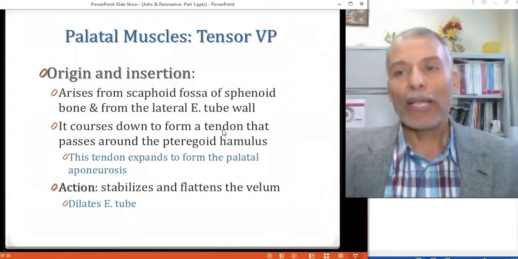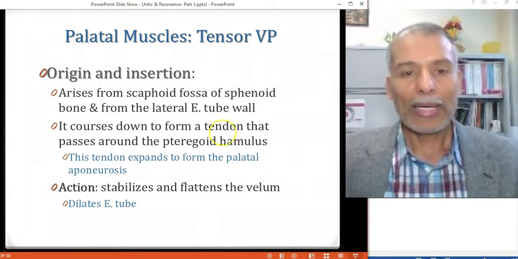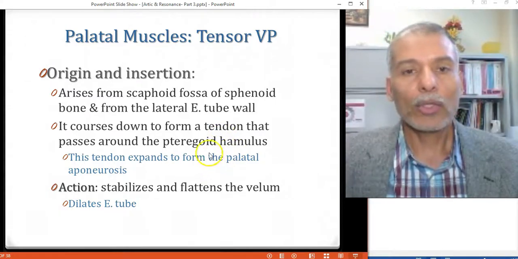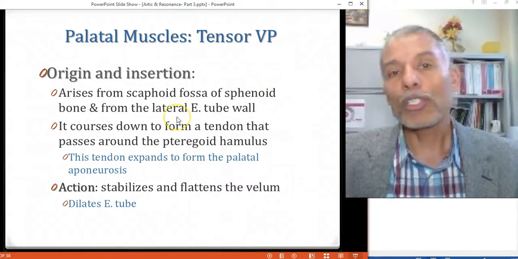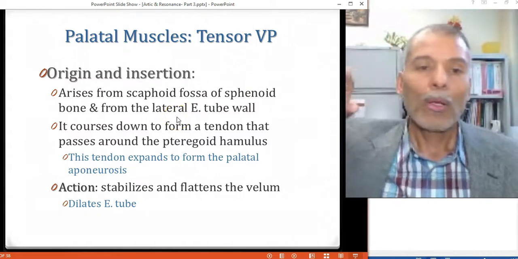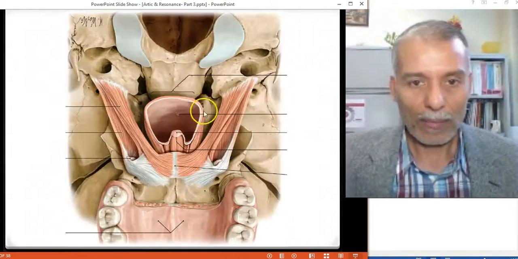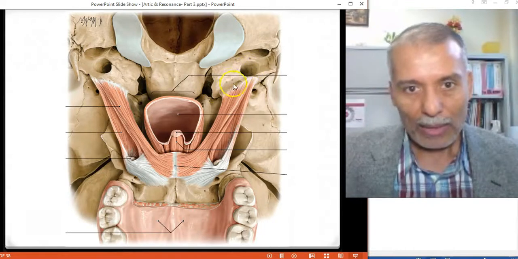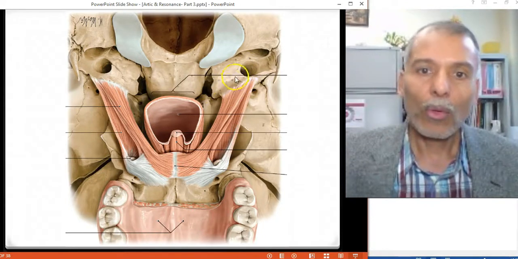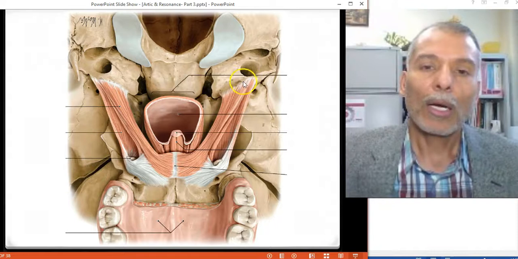The tensor veli palatini is a muscle that, again, has two origins. One origin on the sphenoid bone, and the other origin is on the lateral wall of the eustachian tube. And here, so you can see now the eustachian tube, this opening here, and there's a cartilaginous wall where the two muscles actually are.